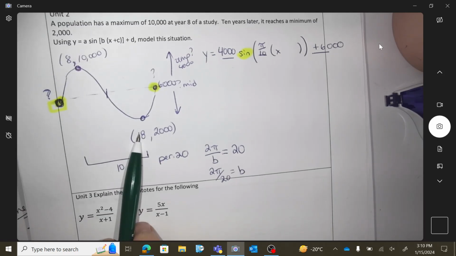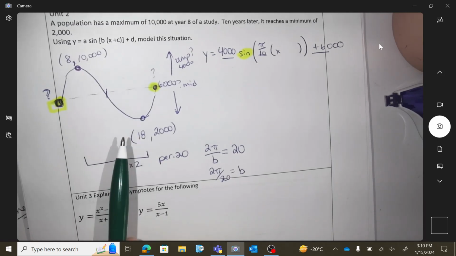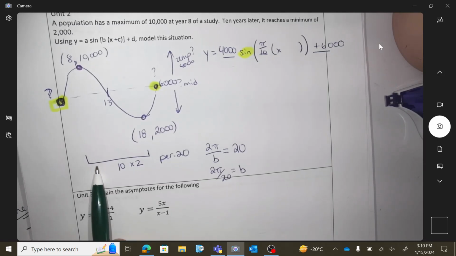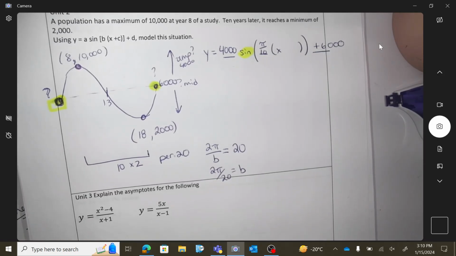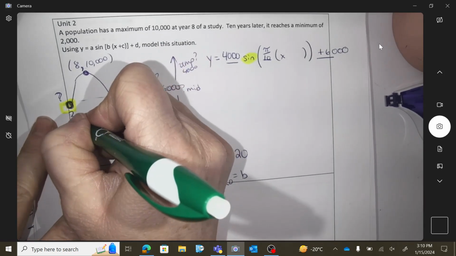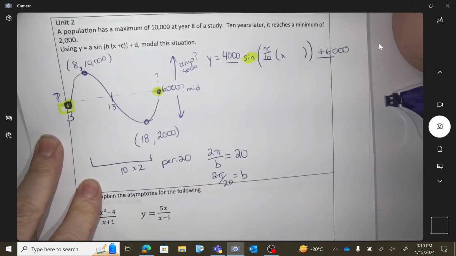What's between there? 13. What's my scale going up by? If the whole period is 20, how many quadrants are there on a circle? 4. So divide by 4, what's each move? 5, right? Each tick is a 5. So this would be a 3.